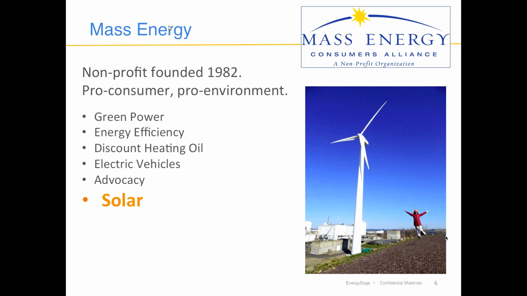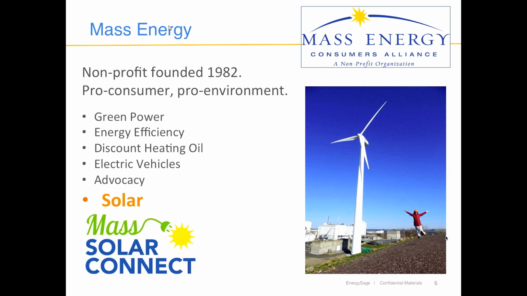That's how we got started. And we've been doing a lot to promote electric vehicles recently. And we are advocates both in Massachusetts and Rhode Island for sustainable and affordable energy. And we're very pleased to have this opportunity to help promote solar. Next slide, please.